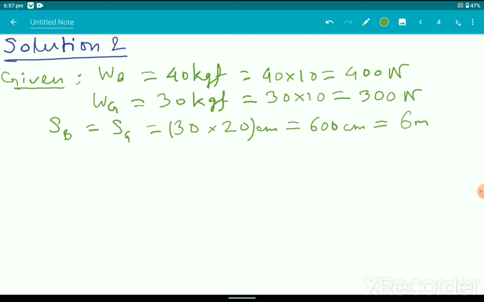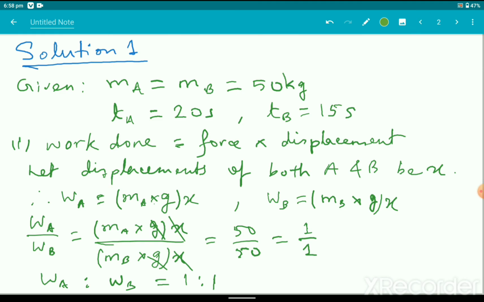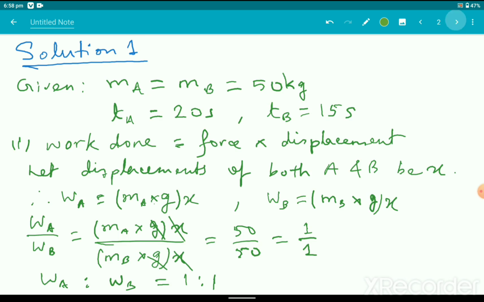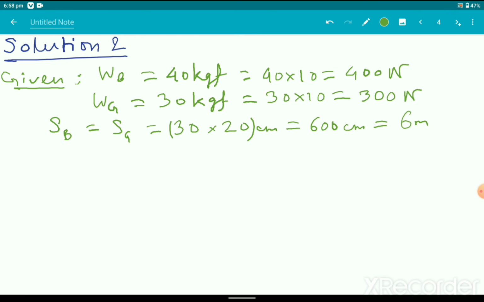Now, what about the time taken by the boy and the girl? Let us note it down. The boy has taken 4 minutes and the girl has taken 3 minutes. So time taken by the boy is 4 minutes, that is, in seconds, 240 seconds, isn't it?